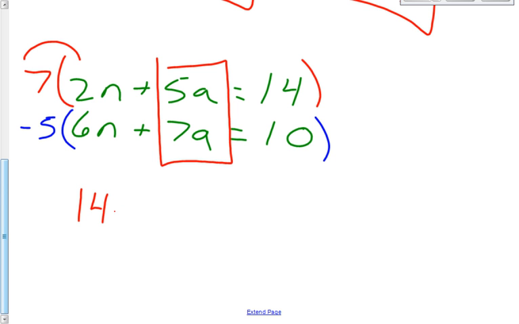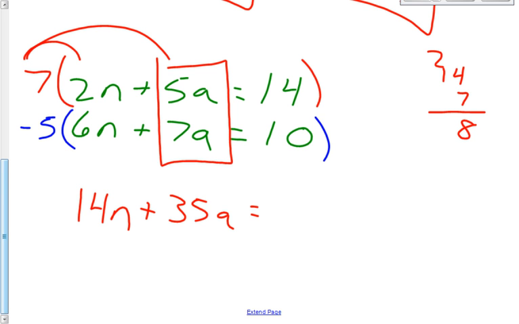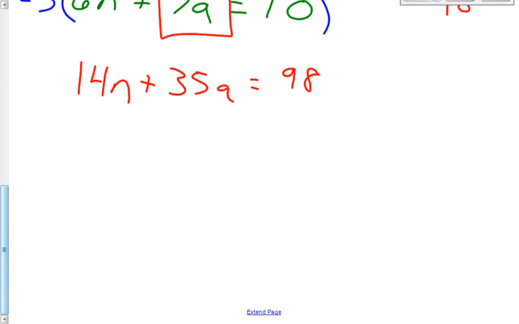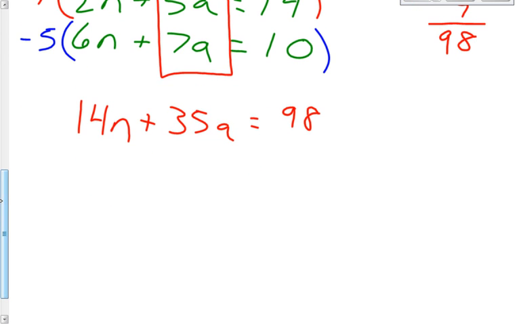So let's do the top equation first. 14n plus 35a equals 14 times 7. I don't have my calculator on me. 98. Now we're going to distribute that -5. So we have -30n minus 35a equals a negative 50.